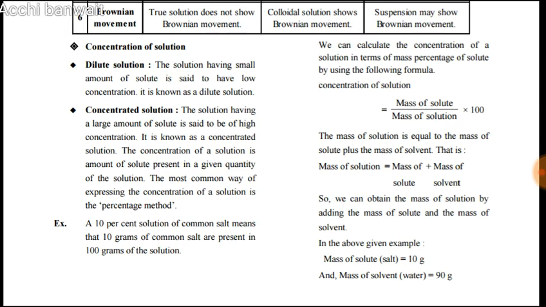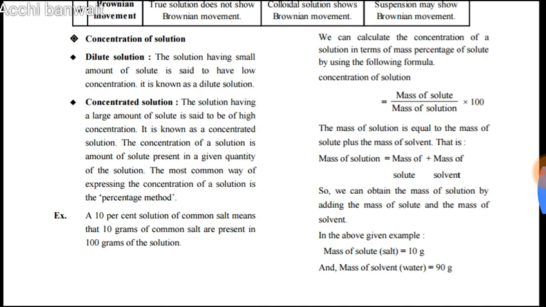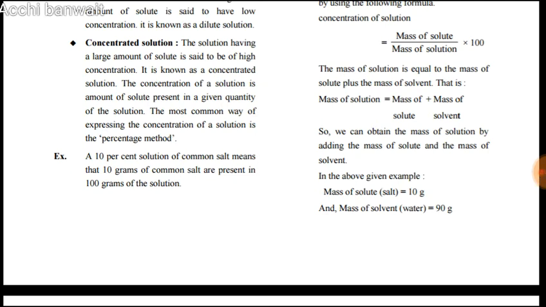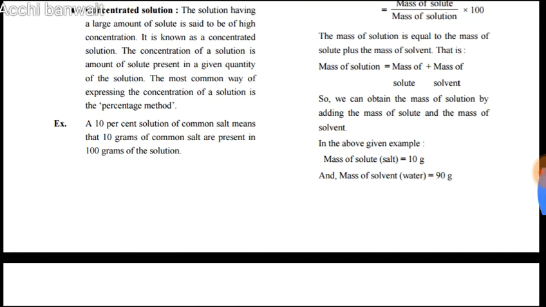that is, mass of solution, as you can see, is the mass of solute added to the mass of solvent. So this is the mass of the entire solution. We can obtain the mass of solution by adding the mass of solute and the mass of solvent. In the above given example, the mass of solute is 10 gram and the mass of solvent, that is water, is 90 gram.